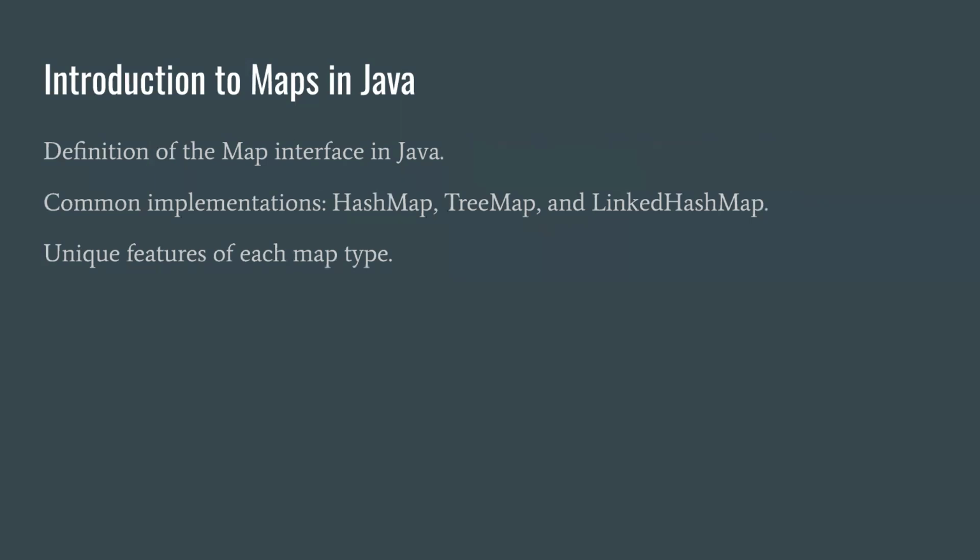Each implementation has its unique features. HashMap is known for its speed. TreeMap is known for being able to sort its keys, and LinkedHashMap combines hash table efficiency with a linked list to maintain insertion order.